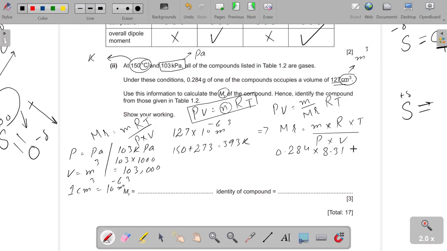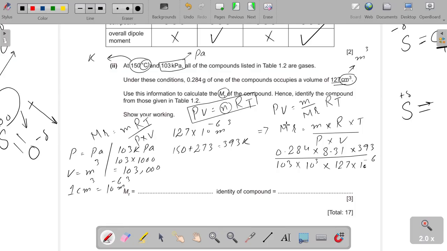Then multiply by temperature, 393 Kelvin, divided by the pressure 103 into 10 to power 3, multiplied by 127 multiplied by 10 to power minus 6.